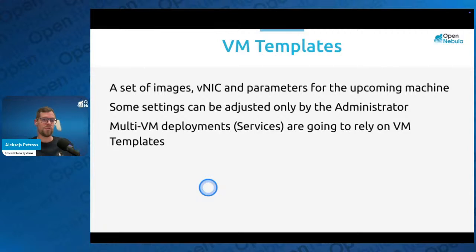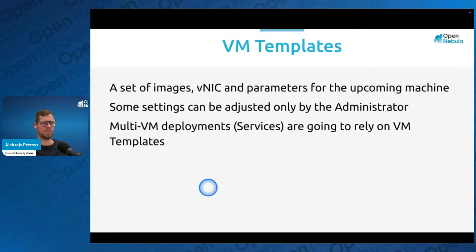Some of the settings can be adjusted only by the administrator, because the virtual machine template is something your users also see, and they are going to instantiate their virtual machines from the very same template. During the instantiation of a virtual machine, they will be able to tweak something, but there are only a few things that they can actually change during the deployment. The rest can be adjusted by the administrator or by the owner of that template.